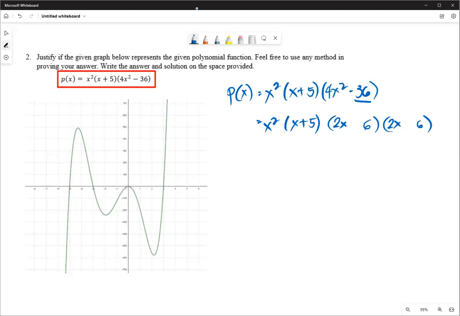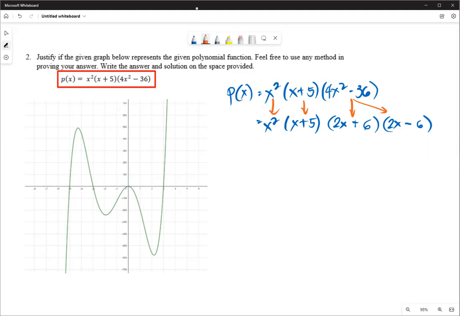And since this is a difference of two squares, all we have to do is assign positive for the first one and then negative for the second one. So there you have it. These are the four factors of the given polynomial function.